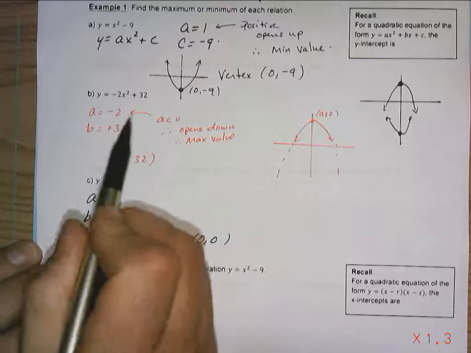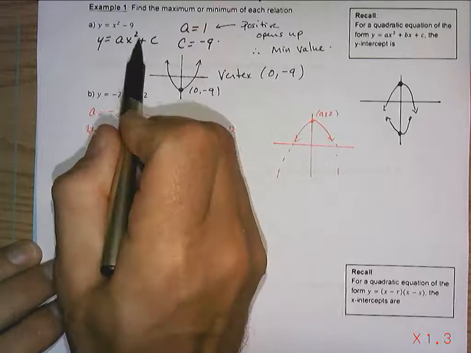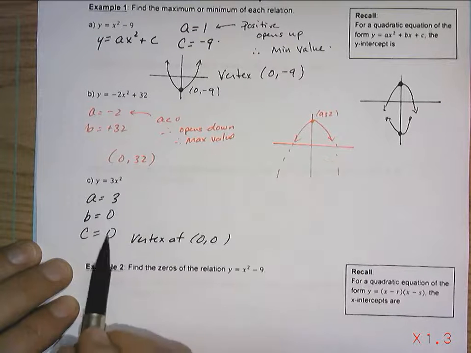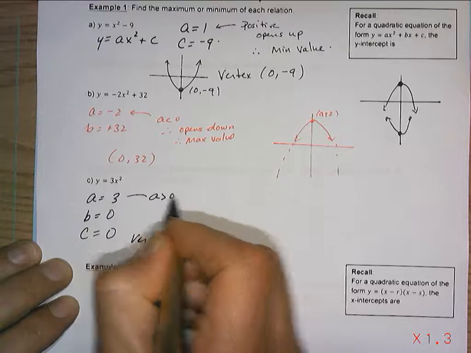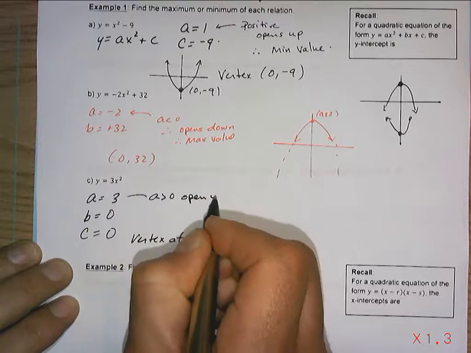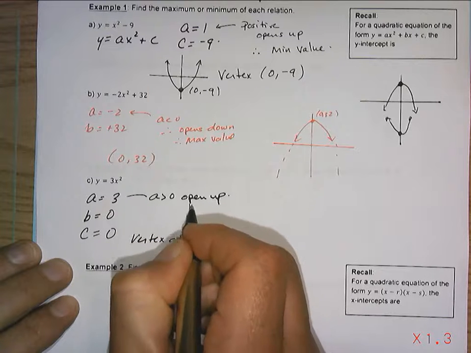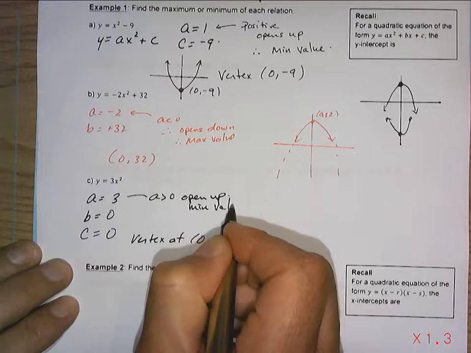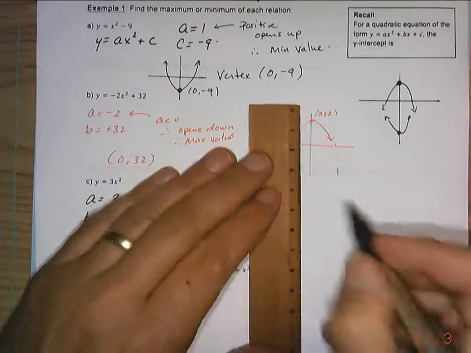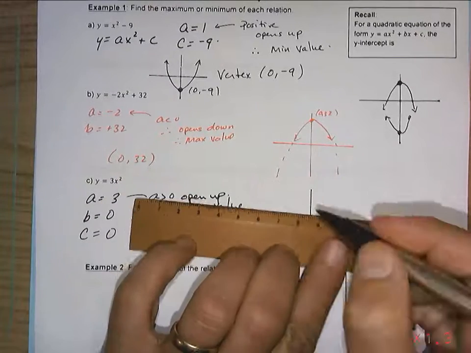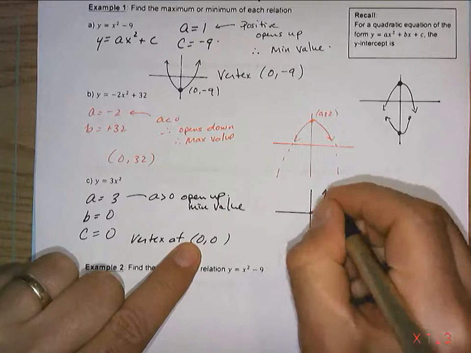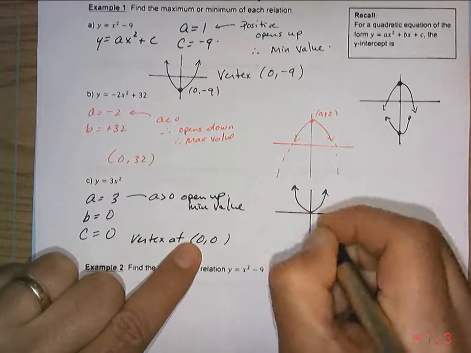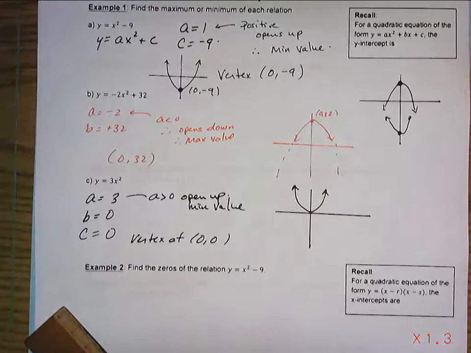Remember how it was 32 and it went in here, and it was negative 9, so it went in here? Well, this is 0, so it goes in here. And since a is greater than 0, it opens up, which means you have a minimum value. The graph will look something like this, with a vertex at (0, 0). Very cool. All right, example 2.